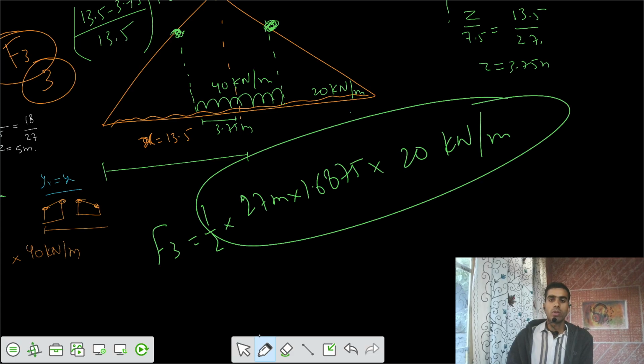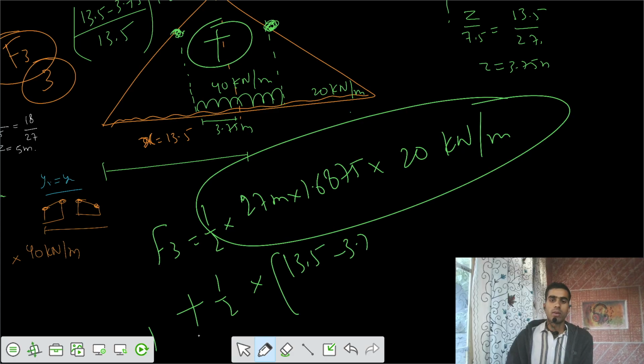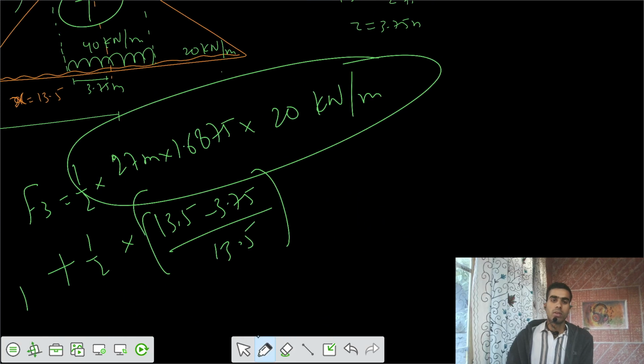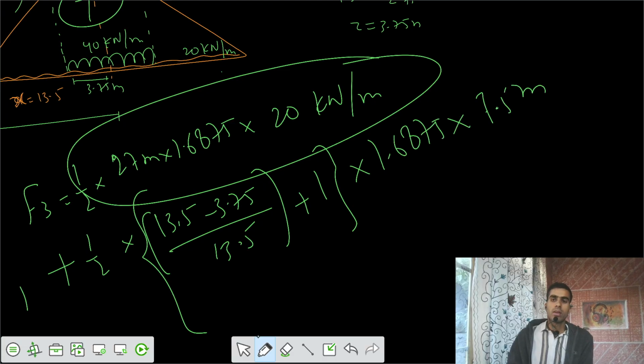This is because of dead load, plus, and the diagram is positive total. So 1 by 2, sum of those parallel sides, that's 13.5 minus 3.75 divided by 13.5, then this factor of 1.6875, into the length of 7.5 meter and the intensity of 40 kilonewton per meter.